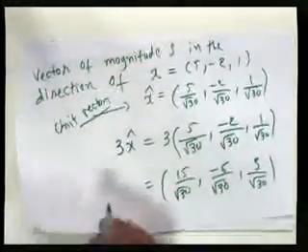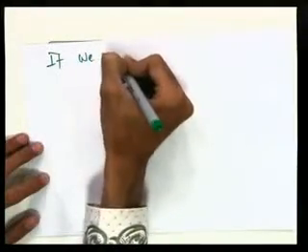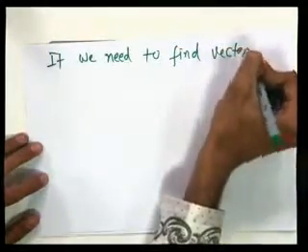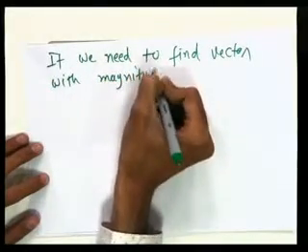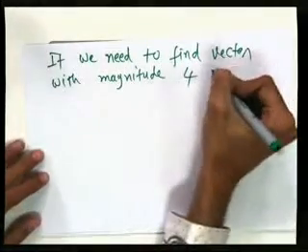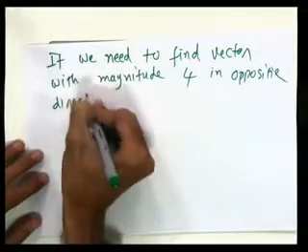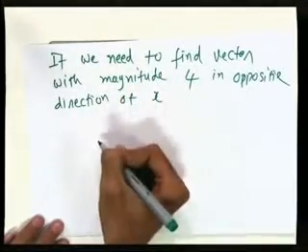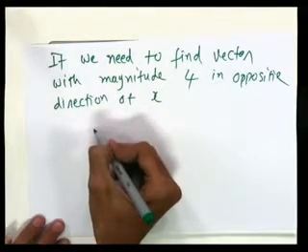For example, if we need to find a vector with magnitude 4 in the opposite direction of x, then we just need to multiply a unit vector with 4.